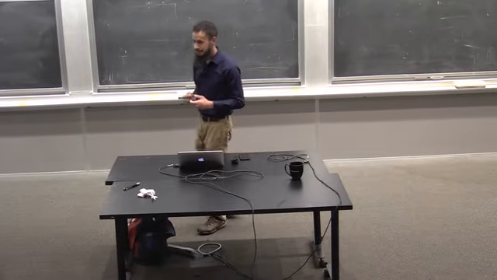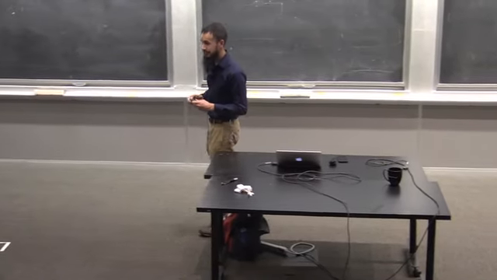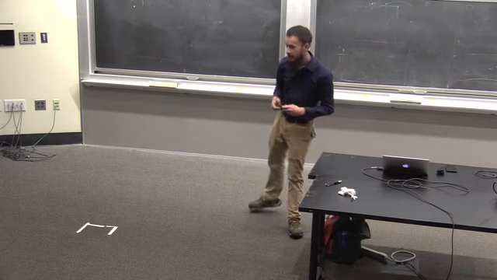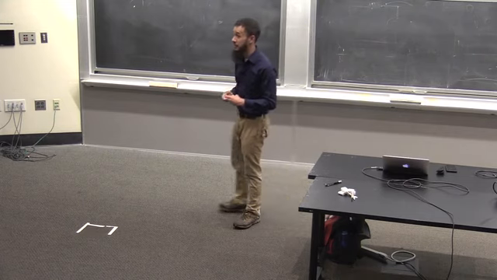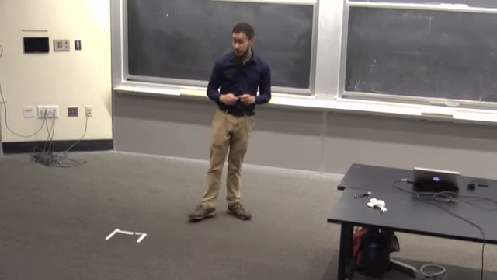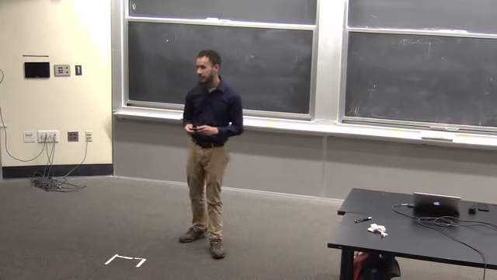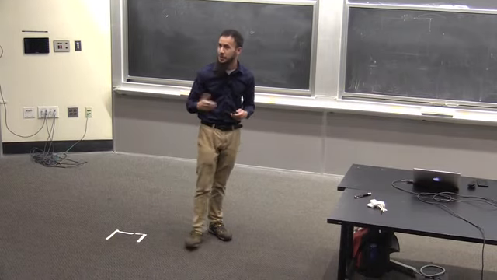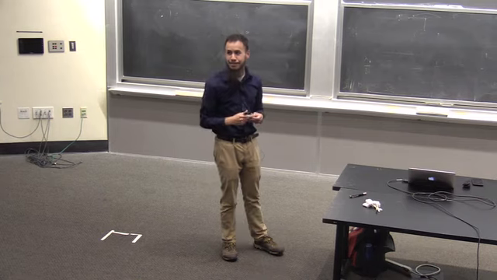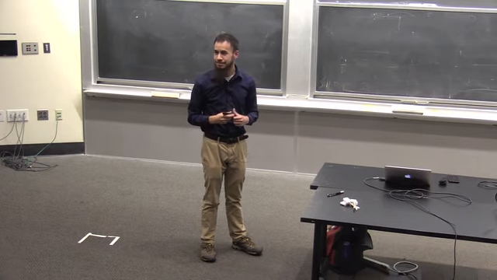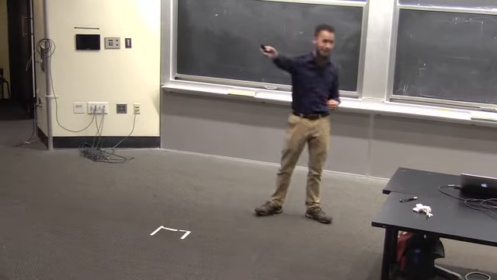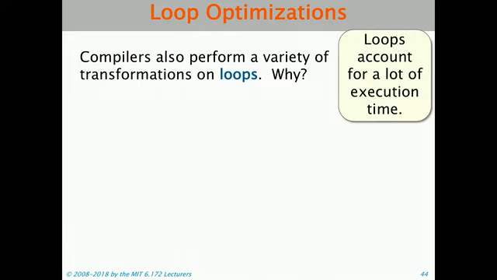They're an extremely common control structure that also has a branch. Both things are true. I think there's a higher level, or more fundamental reason, if you will. Yeah? Most of the time, the loop takes up the most time. You got it. Loops account for a lot of the execution time of programs.